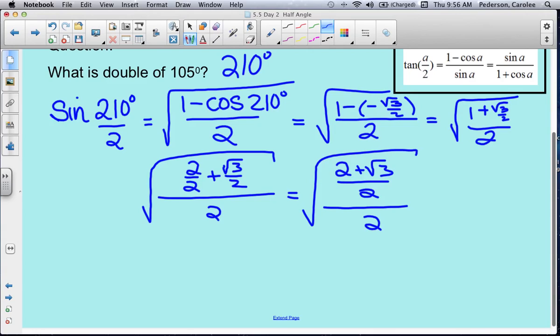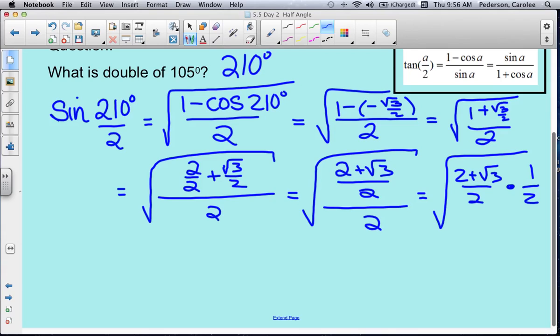Now I essentially have a fraction over a fraction. So what do I do with this bottom 2? Change it to multiplication and reciprocate it. So now we have 2 plus the square root of 3 over 2 times, and then we reciprocated that 2 to 1/2.